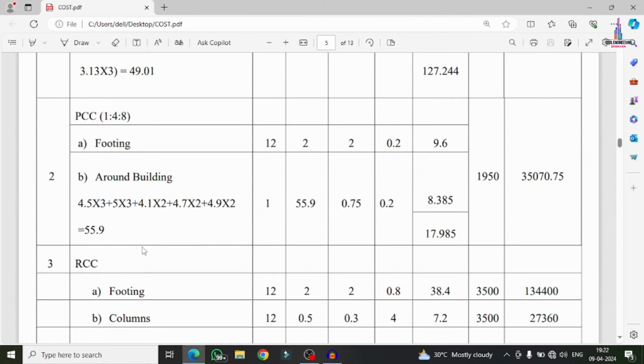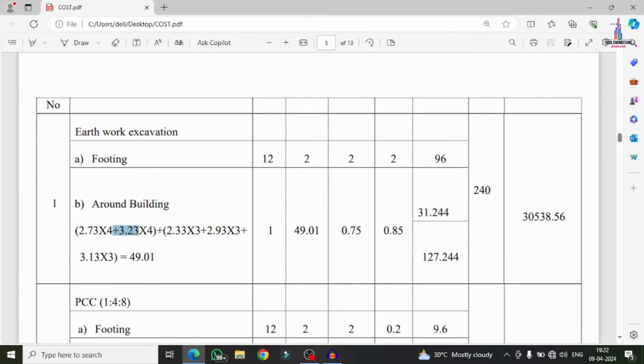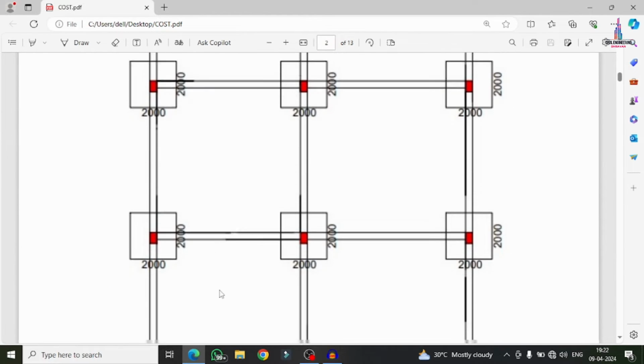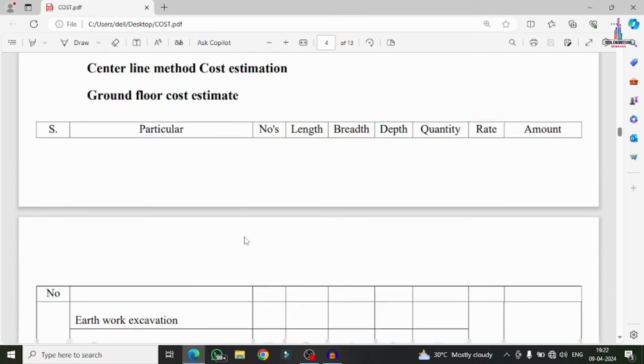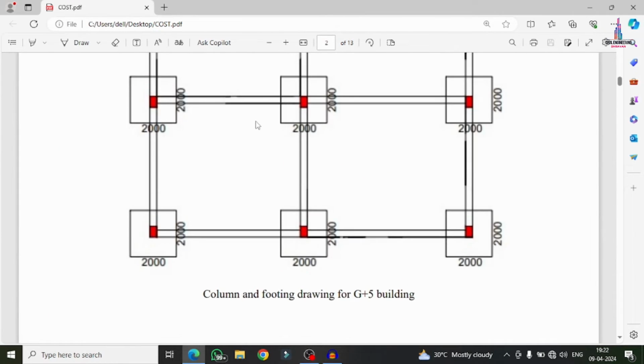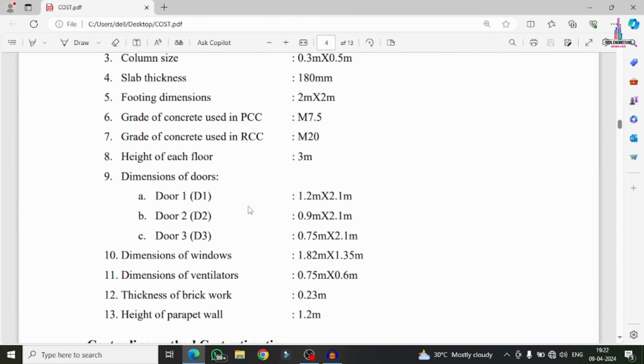Again in the same process, the 5 meter distance will have a 3.23 meter distance in the horizontal direction, in the second section, which has 4 beams here. In the same process for this level also, the distance here is 2.3 meters, and the second one is 2.93, and this is the 2.93 distance and the 3.13 distance here. Each will have three beams here.